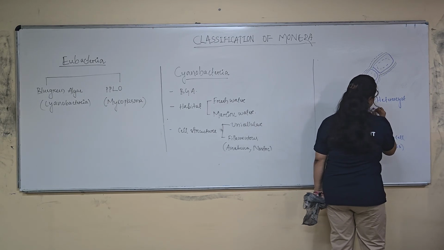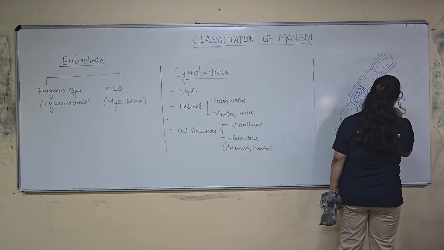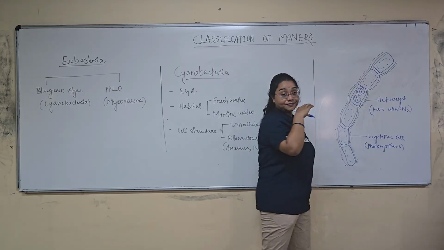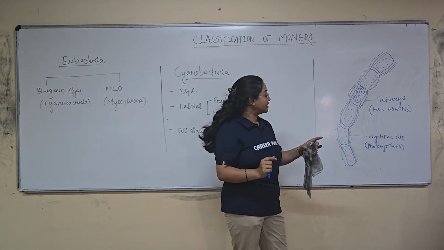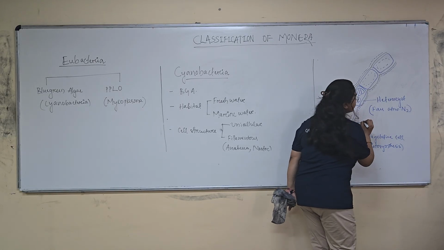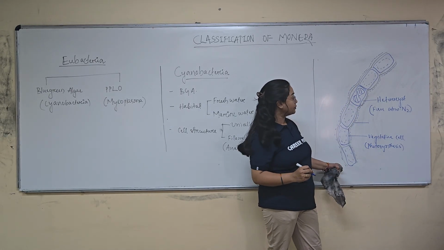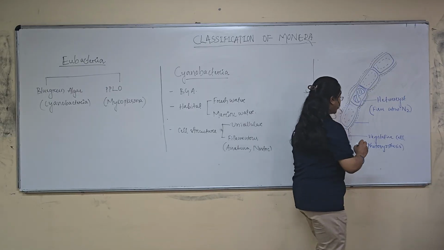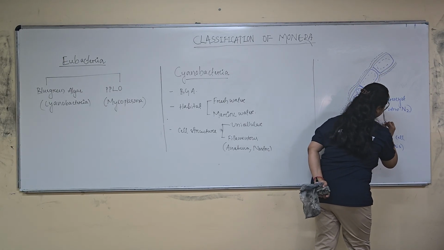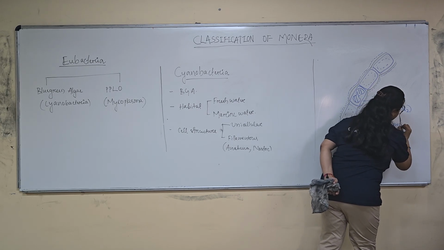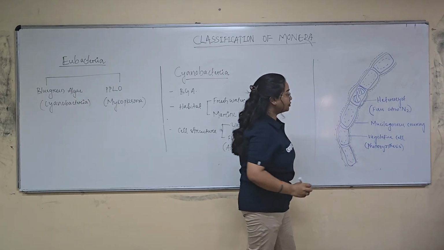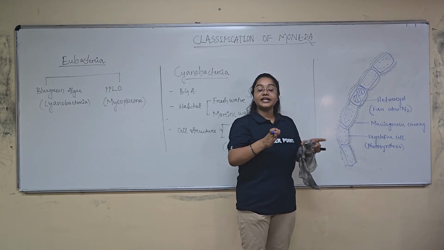Structure of heterocyst, it fixes atmospheric nitrogen. There is a special cell that fixes the atmospheric nitrogen. The same diagram is in your NCERT book also, and this diagram is very important. Okay, around the structure there is a mucilaginous coating, just outside the cell wall.